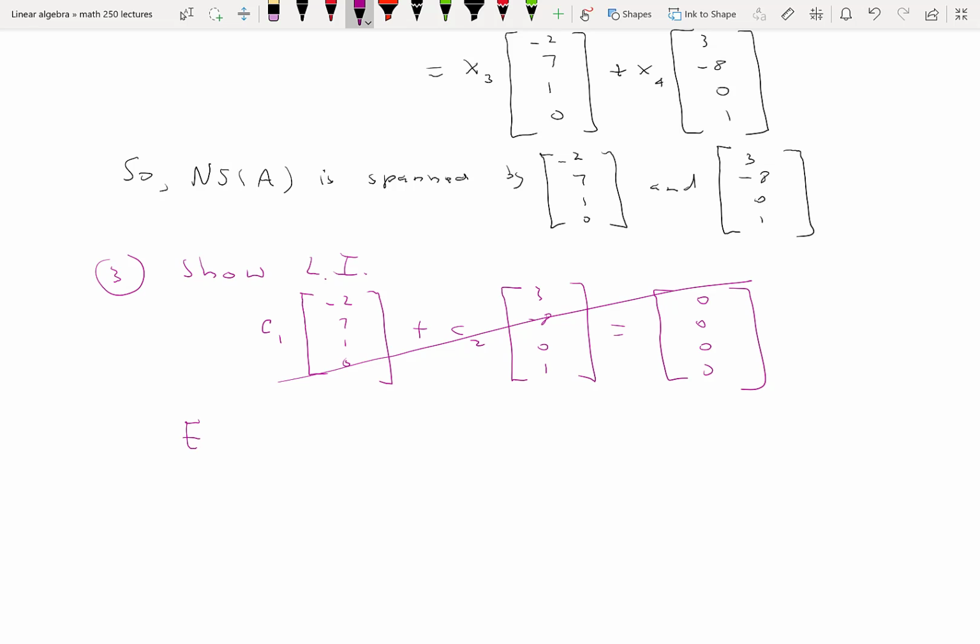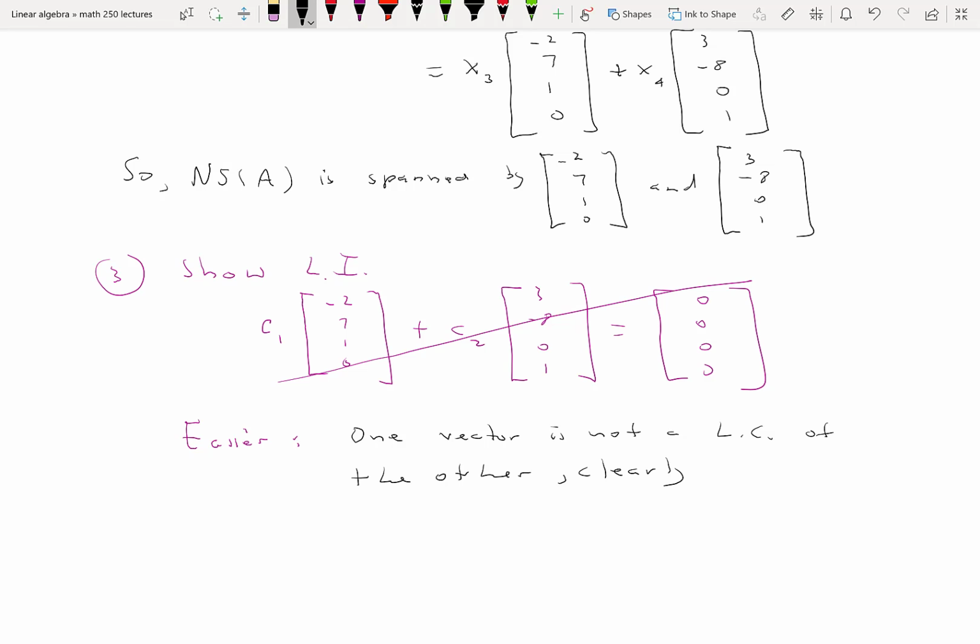Easier, so we only have 2 vectors here. One vector is not a linear combination of the other. Clearly, I can't multiply the first vector by something and get the second vector.